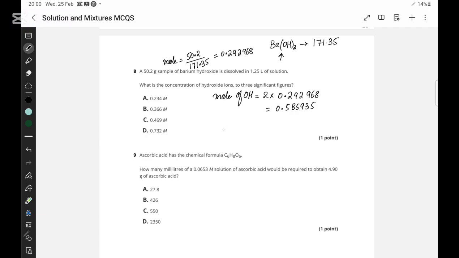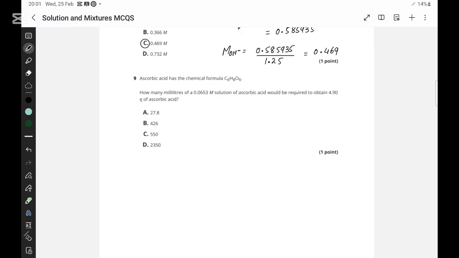The molarity of hydroxide ions is equal to moles divided by volume in liters: 0.585935 mole divided by 1.25 liters comes out to be 0.469. So the right answer is going to be C.